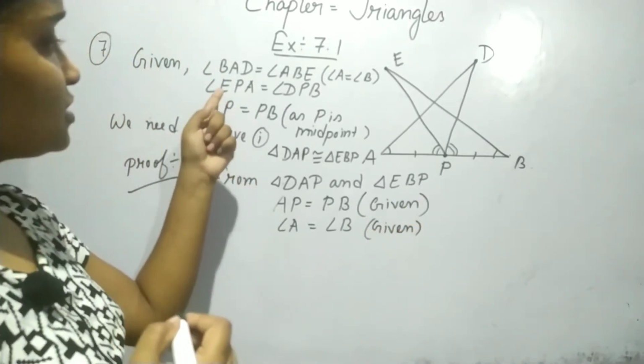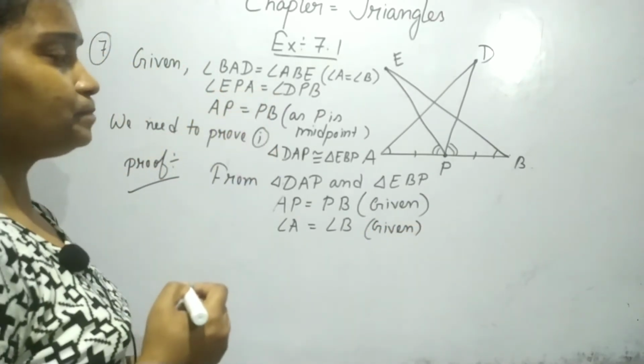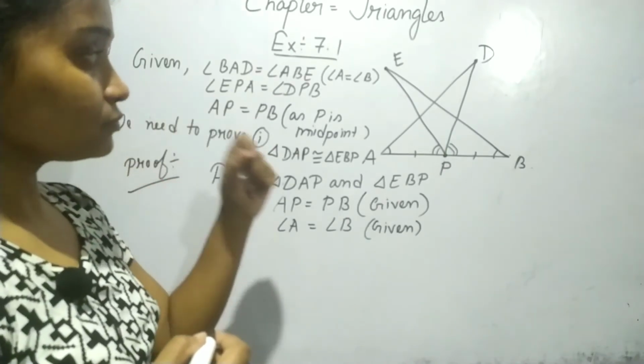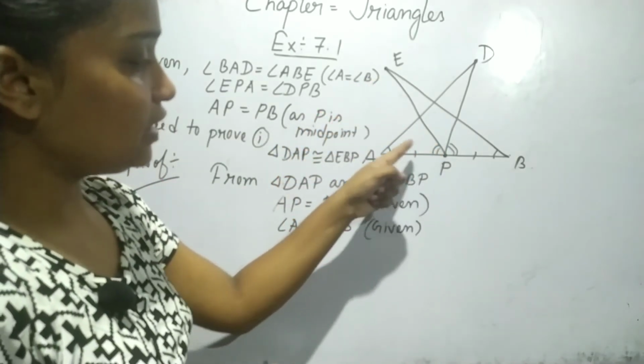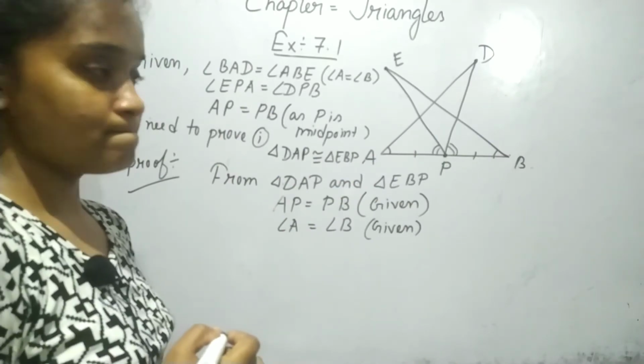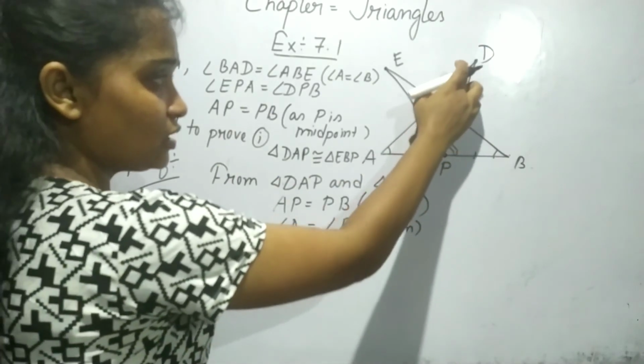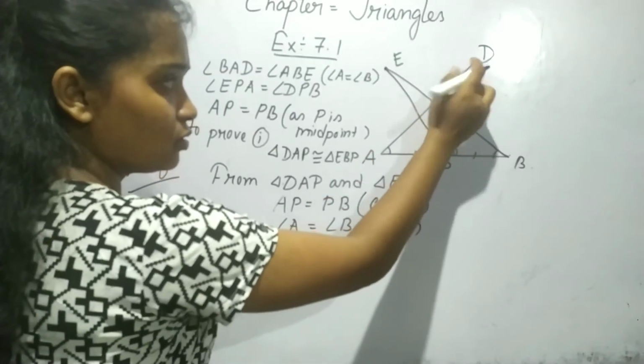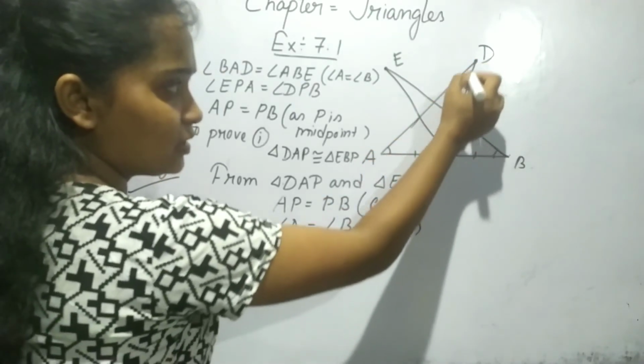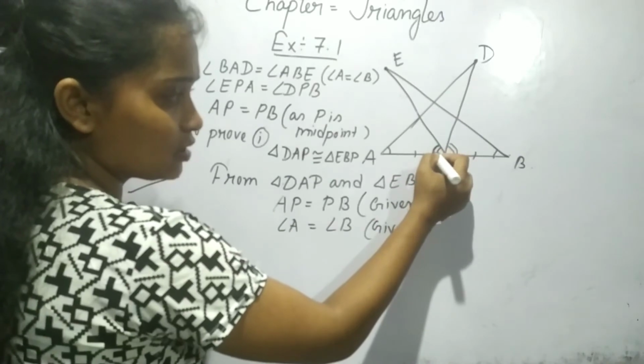Okay. The next condition is EPA equal DPB. Look, this angle, this angle. So look now, this triangle I am taking. This complete triangle I am taking, but only this part is coming.